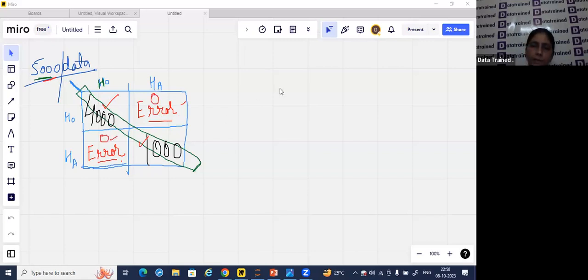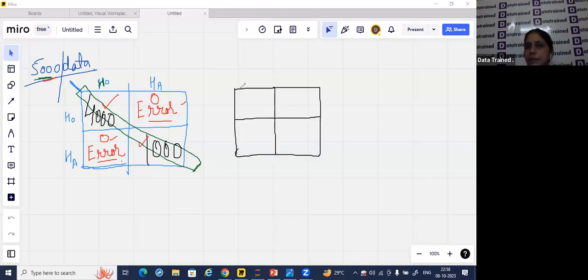So what does it mean? It means whenever we are looking at this power of test, inside this power of test, the statements which I am getting here, students, in these two boxes, they are the correct statements which are coming into the diagonal. And the statements which I'm getting here, they are the error cases. Error cases.